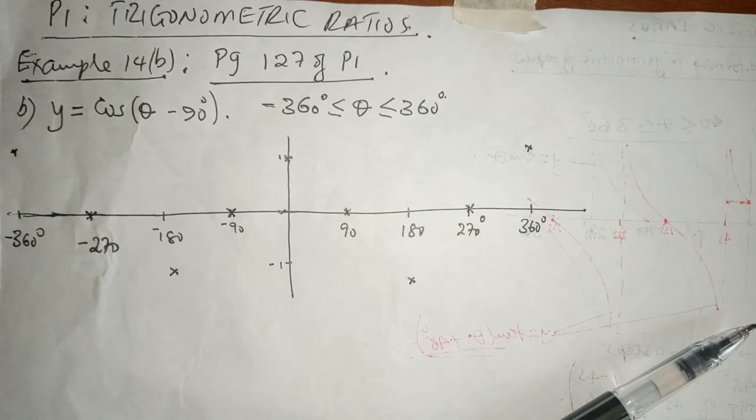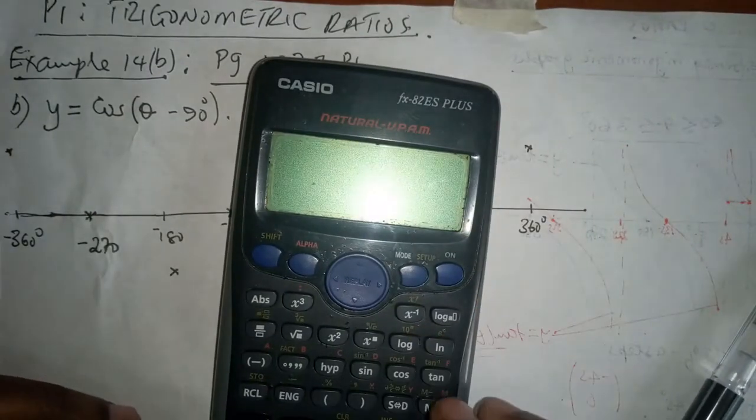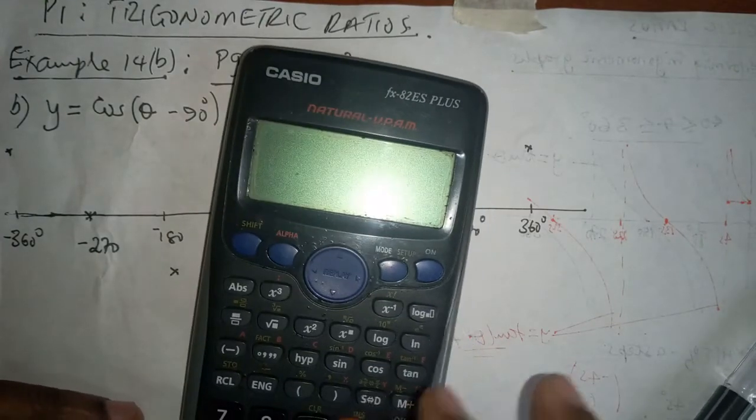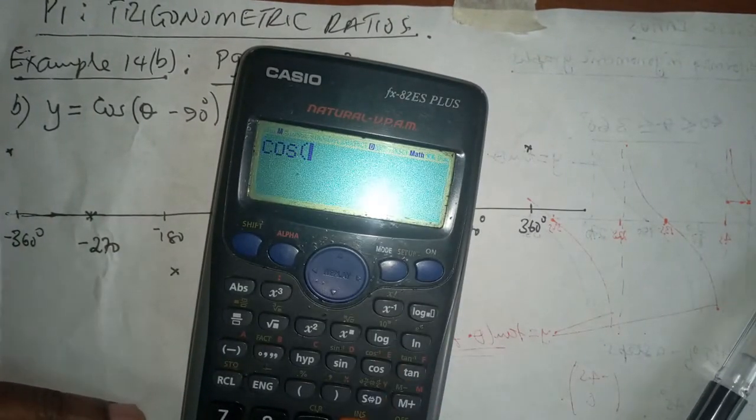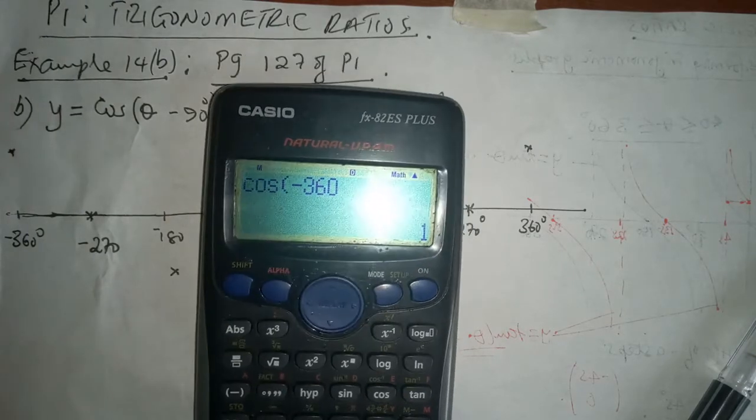But let's bring on the calculator for confirmation purposes. The cosine of negative 360 degrees is 1, yes, that is true.